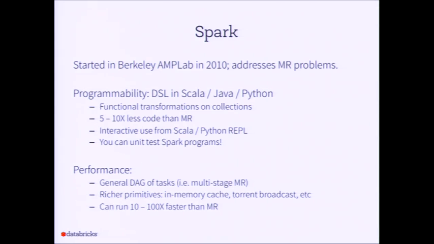So instead of defining map and reduce classes, Spark lets you view the world as just transformations on data sets. You have data sets, which are RDDs, and then there are functional transformations you apply on them. For example, map and reduce are both just transformations on the data set. Initially it was only a Scala API, but now there are Scala, Java, Python, and as of last night, R APIs for Spark.